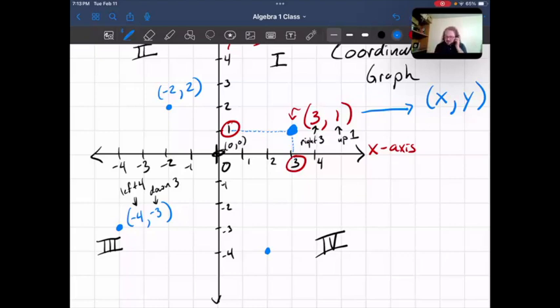Okay, so this point here, I went right 2 and down 4. So I'll give you a second, see if you can write out the coordinates x first, and then the y coordinate. See if you can write the coordinates for that last point in quadrant 4. We always write them with parentheses and a comma in the middle.